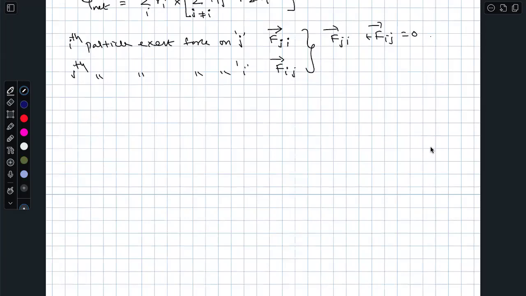Now also, the ith particle exerts force on j, and the jth particle on i.